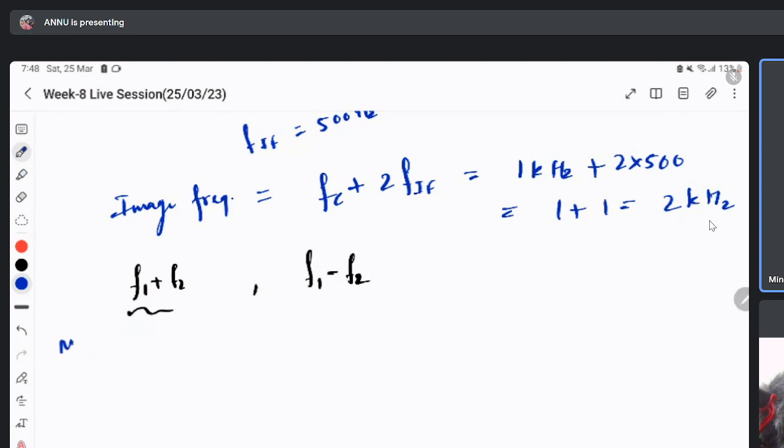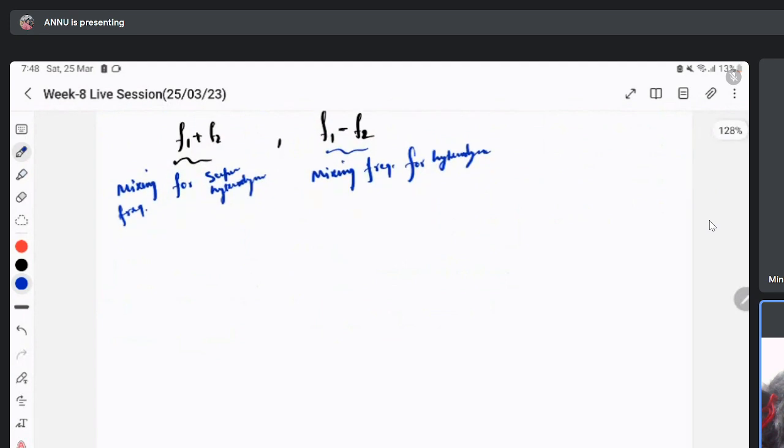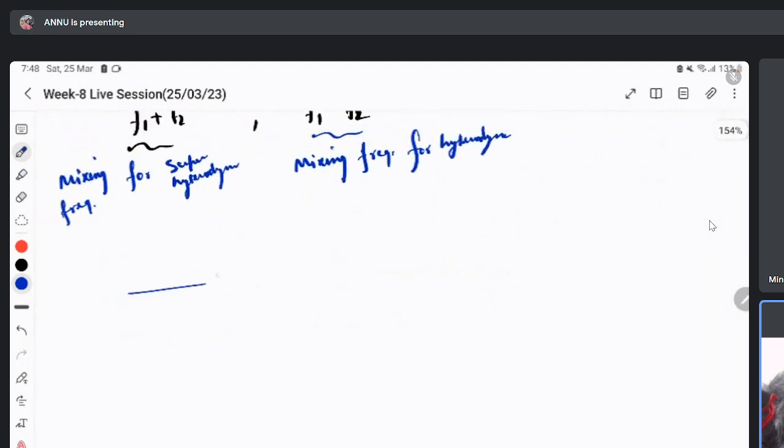Then the band pass filter. Mixing frequency for heterodyne, mixing frequency for superheterodyne. So these are the things, and you usually have this mixer.